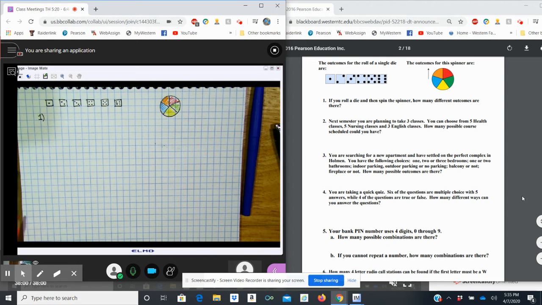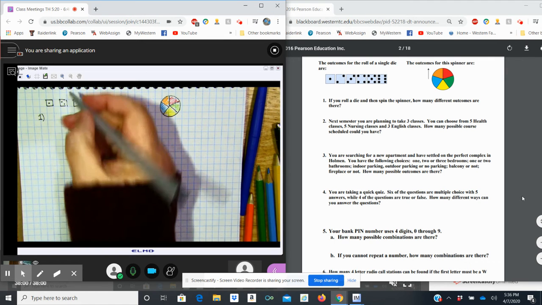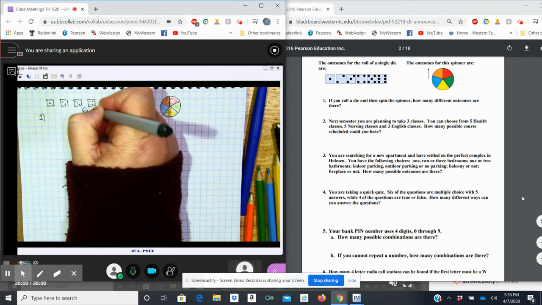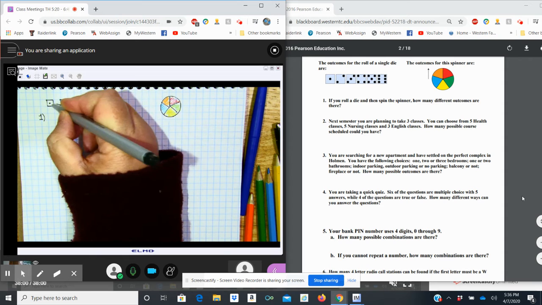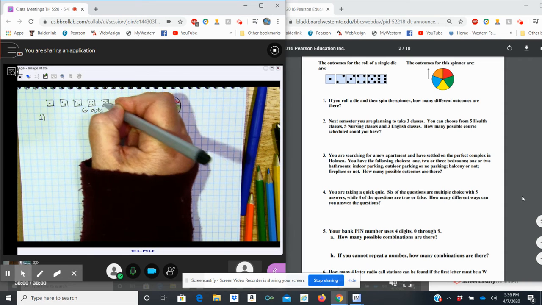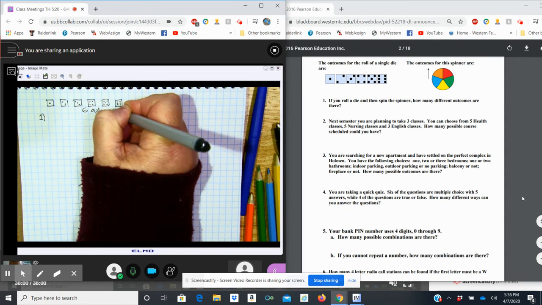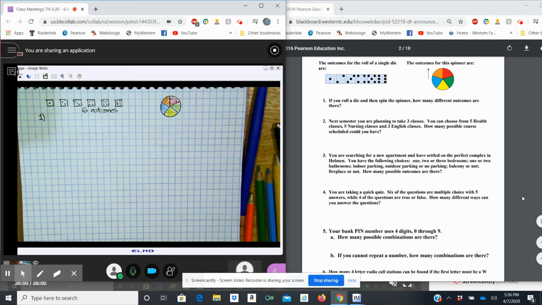Okay? So I've asked a couple of questions about it. First of all, how many different outcomes are there for a standard die? There are 6 outcomes. You could roll a 1, a 2, a 3, a 4, a 5, or a 6. So there are 6 outcomes for the die.